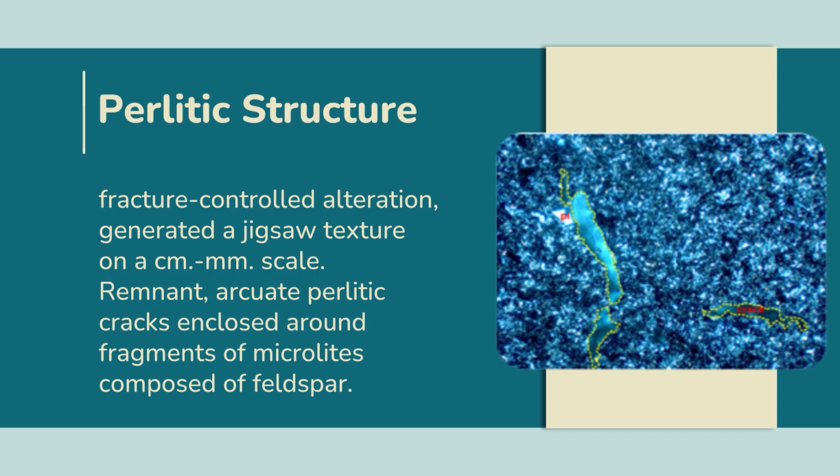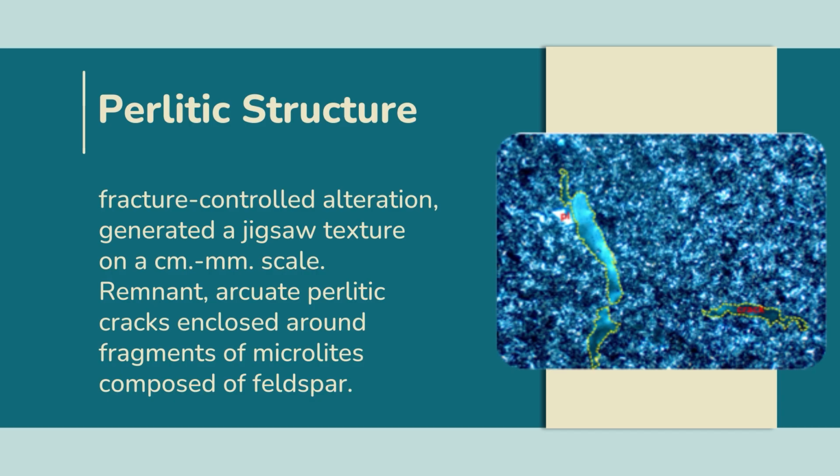These are the cracks actually, present in glassy or very fine-grained rocks. Because of cooling these cracks are there, and along these cracks alteration has taken place, and as a result the perlitic structure is formed. This is perlitic structure, and these are all the microlites.